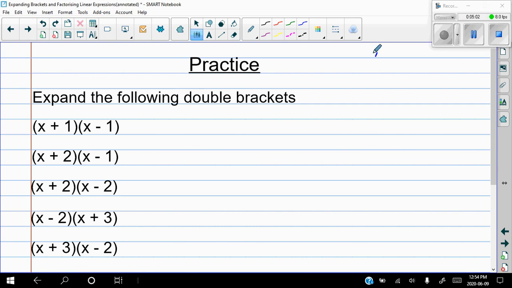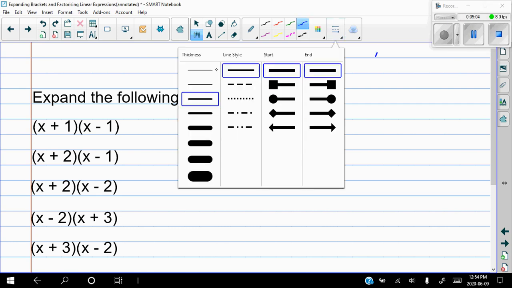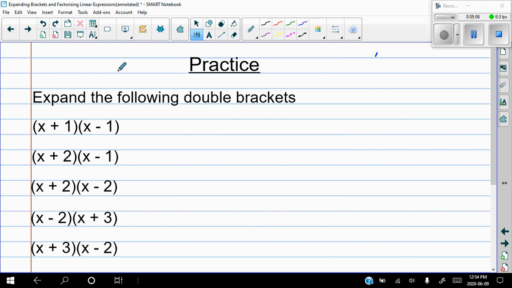So welcome back. Let's go through the answers to these practice problems. So we have x times x, right? X times x is going to get us an x squared term. Then we're doing x times -1. So we get negative x. Then we have 1 times x.